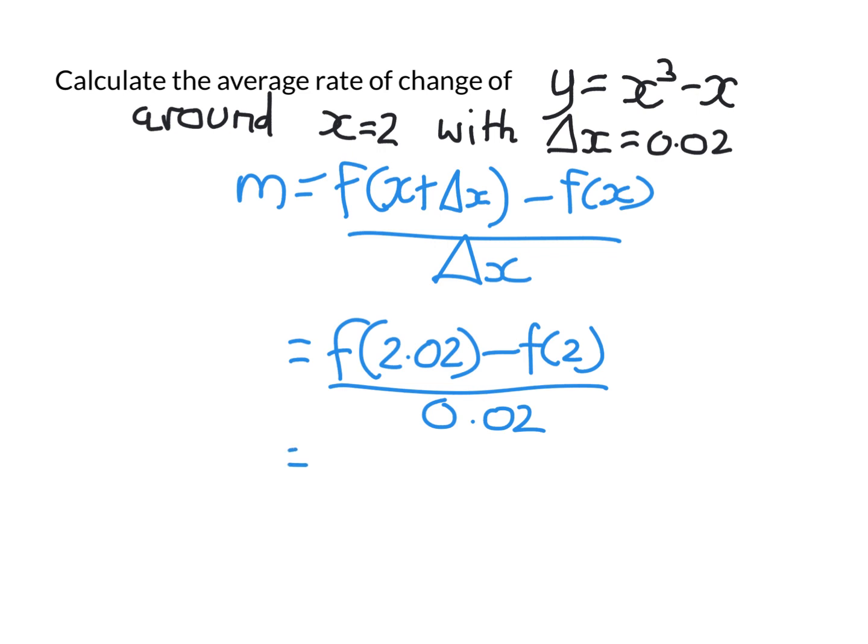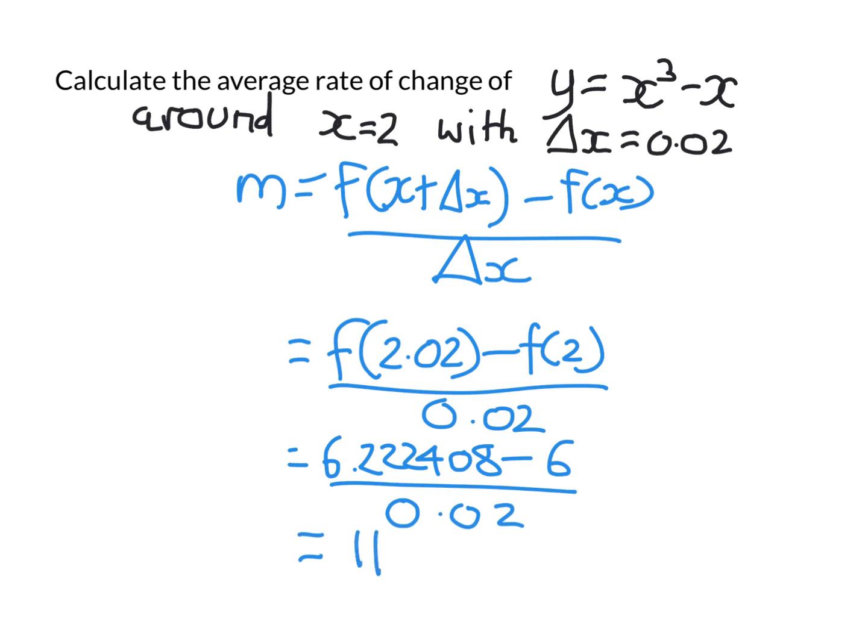So f of 2.02 is 2.02 cubed minus 2.02, which gives us 6.222408. F of 2 is just 2 cubed minus 2, which is 6, and that's all divided by delta x. So putting that in the calculator, we get 11.1204. That is the average rate of change of this function between these two values.